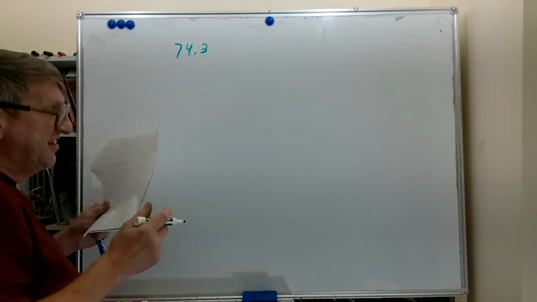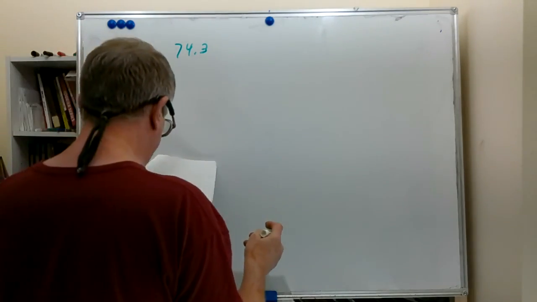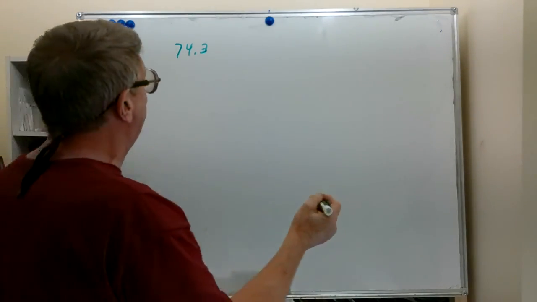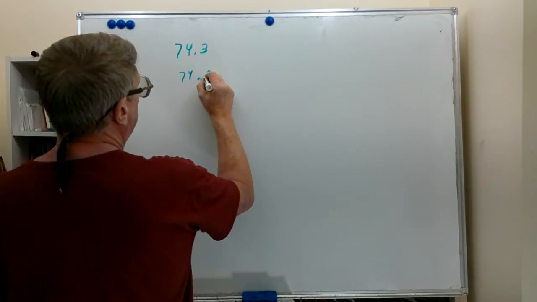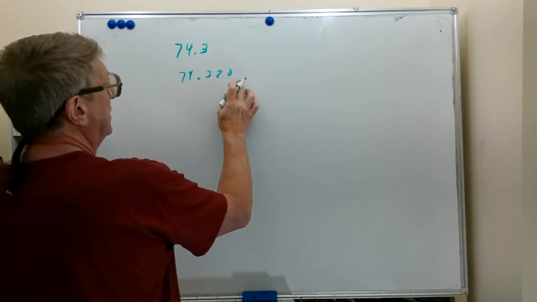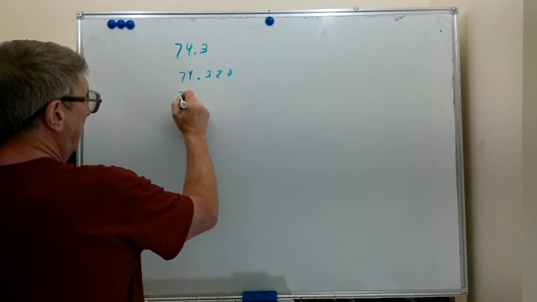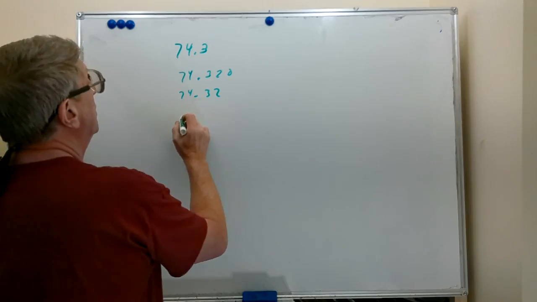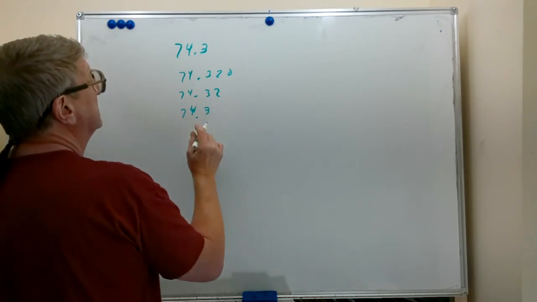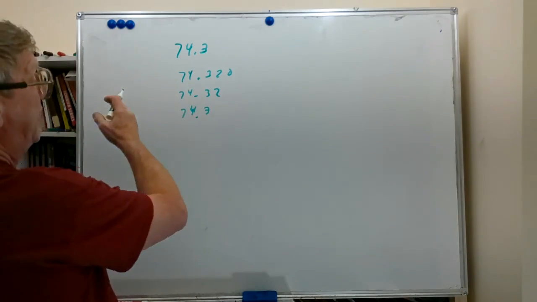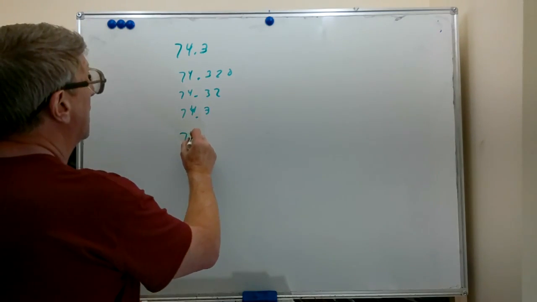Now precision is kind of similar, but precision is based on the last digit. 74.320 is more precise than 74.32 or 74.3, even though they all round that way, or even 74.